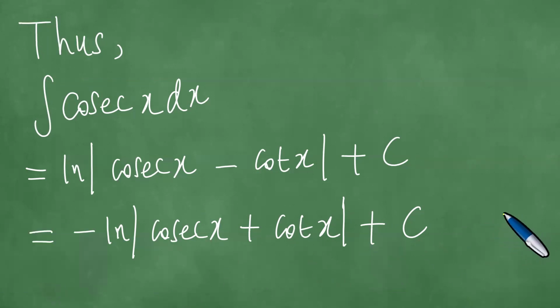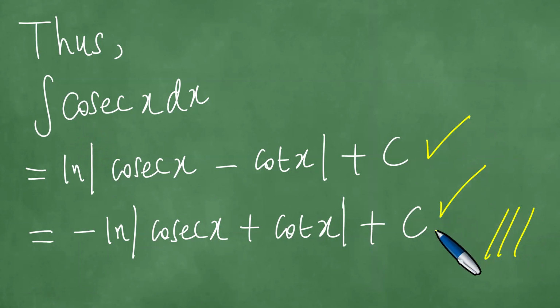So now we have got that the integral is two expressions that are equivalent but look different. The answers look different because here the integral of the cosecant of x with respect to x is the natural log of the cosecant of x minus the cotangent of x within modulus signs plus c. And here we have that the integral of the cosecant of x with respect to x is equal to minus the natural log of the modulus of the cosecant of x plus the cotangent of x plus c.